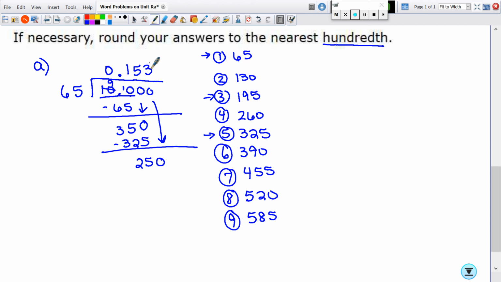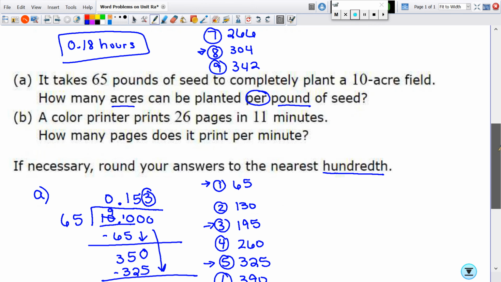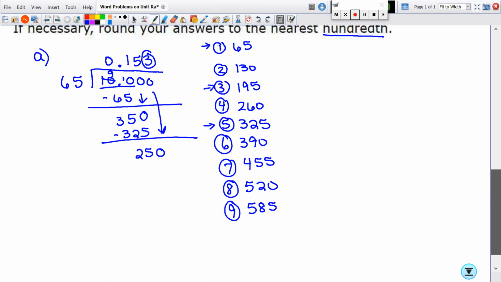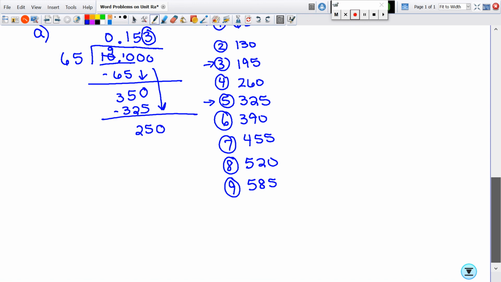And I'm finished because I only wanted that number to decide whether or not I needed to round that 5. So it is going to stay like it is because a 3 is smaller than a 5, and we were talking about acres per pound of seed. So it's 0.15 acres per pound of seed. That's how much it will cover.